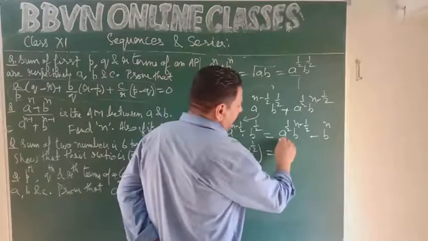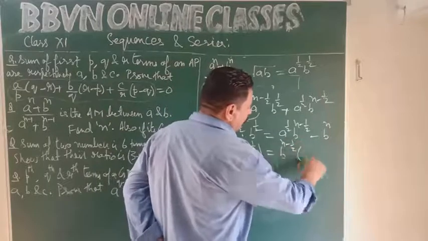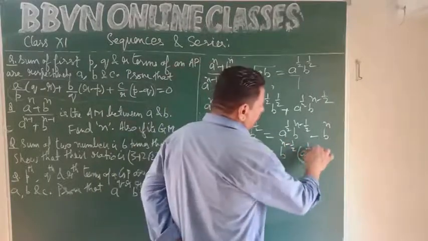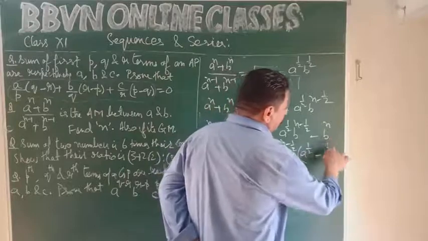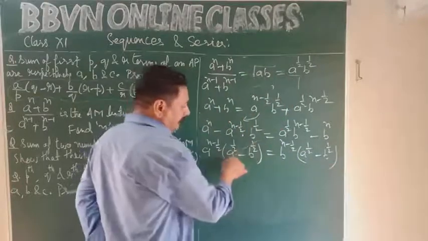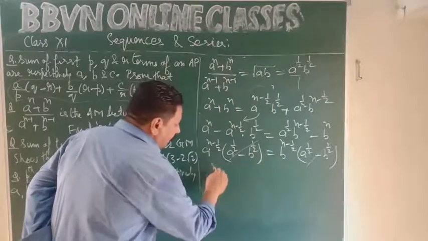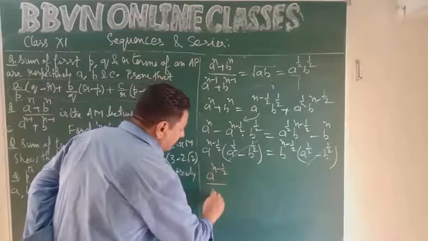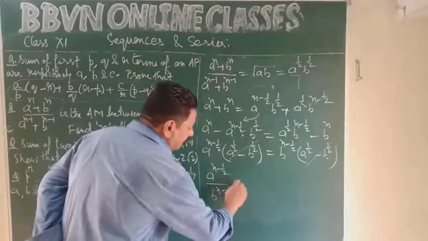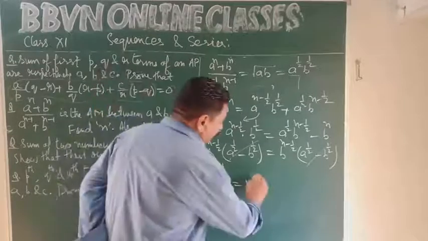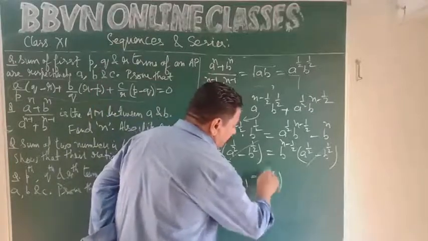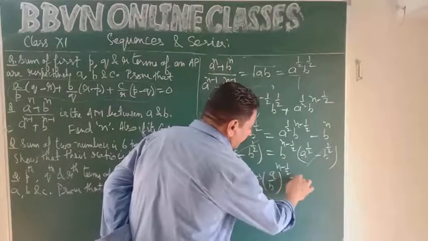Again here I can take b to the power n minus half common, so we are left with a power half minus b power half. Common factors cancel, bring it in the denominator, a power n minus half upon b power n minus half is equal to 1. So a upon b whole to the power n minus half is equal to 1.